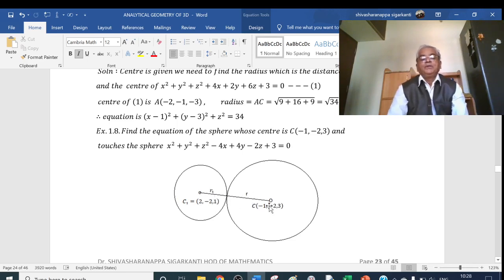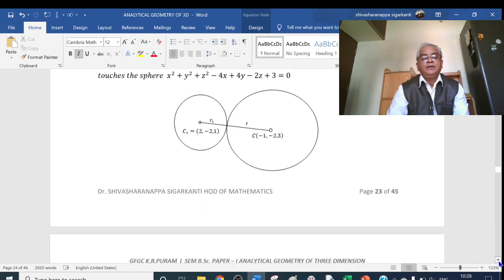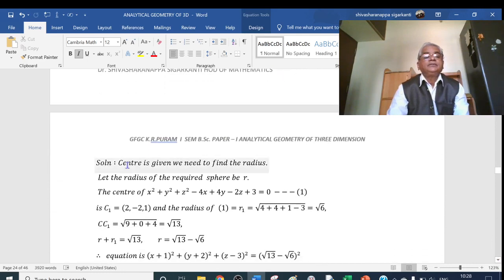So here, what is R1? The center is given here, (-1, -2, 3). We need to find the radius.